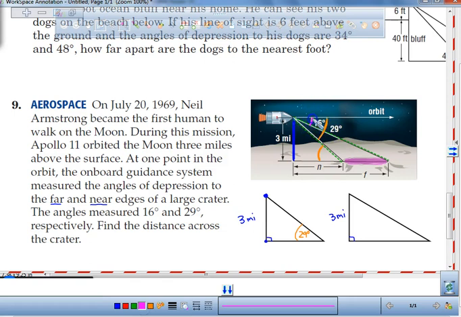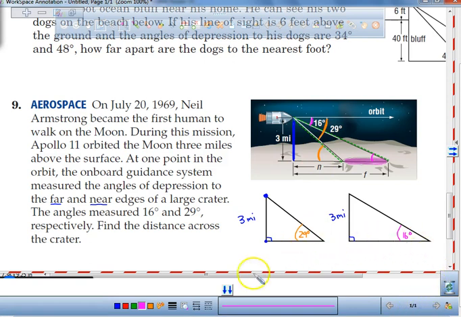This 16-degree angle right here is the same as this angle right down in here. So in this little corner, I'm going to put 16 degrees. This is the angle of depression. This is the angle of elevation. This orange angle right here, the 29 degrees, that's the angle of depression. This is the angle of elevation.